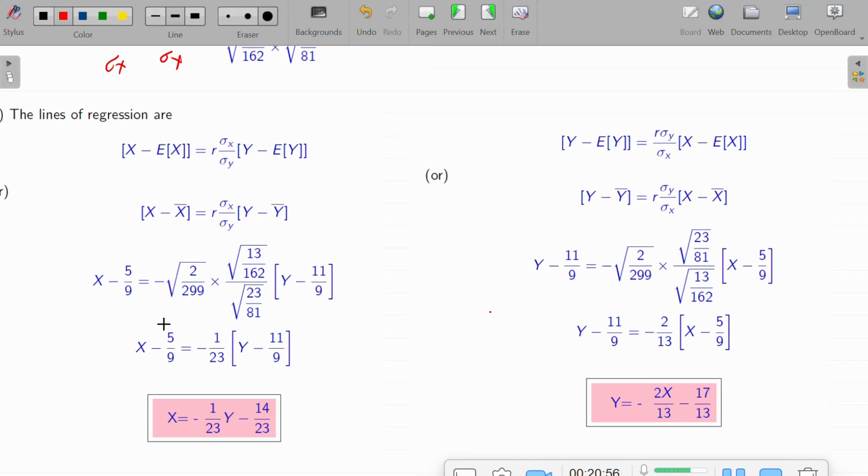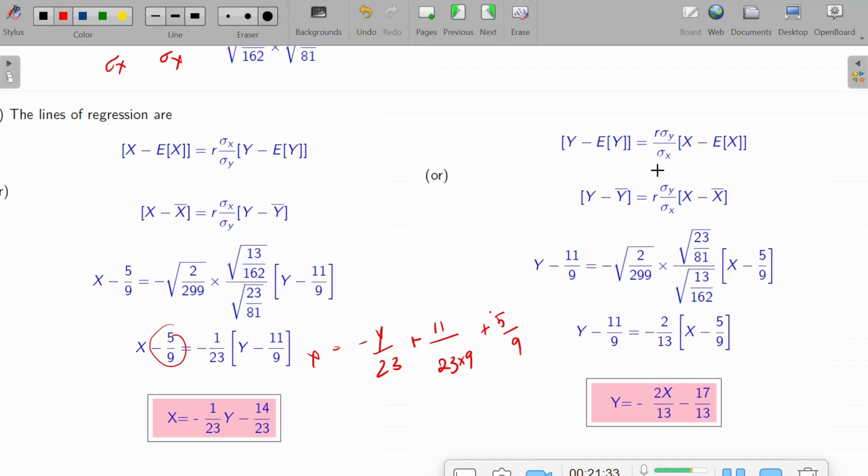Again take this minus 5 by 9 to the other side and simplify it. On simplifying, you'll get minus y by 23 plus 11 by 23 into 9, and here also plus 5 by 9. So make a simplification. So you'll get x is equal to minus y by 23 plus a constant. Okay. So this will be the line of regression.